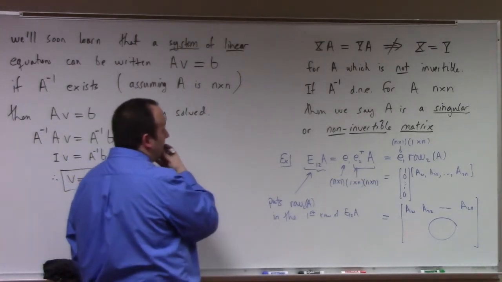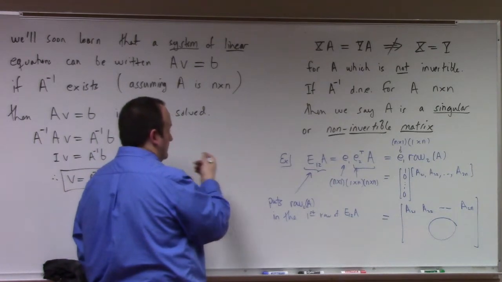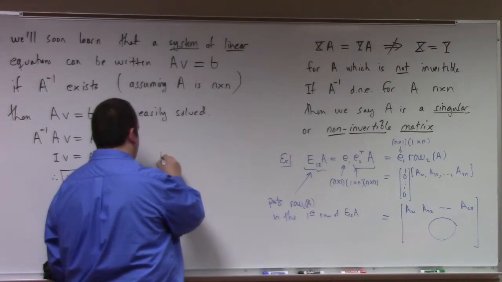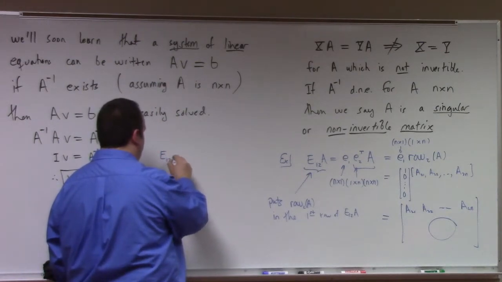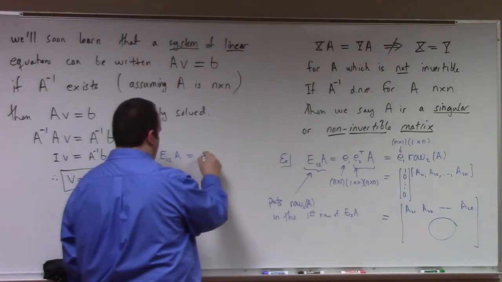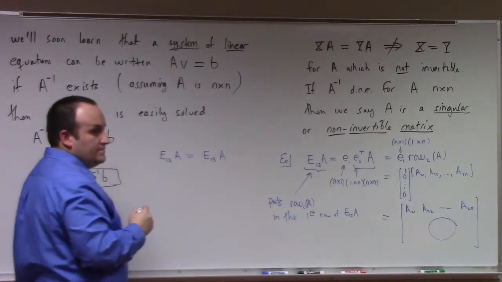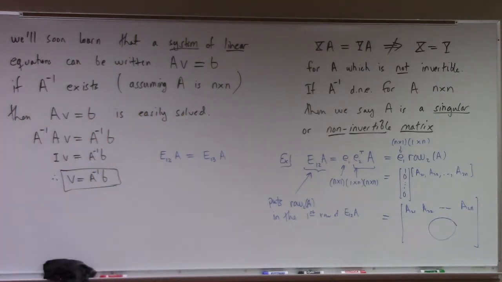Let's see here. What if I had, can you tell me how I could have E12 A equal to, say, E13 A? How would that be? How could you arrange that to happen?